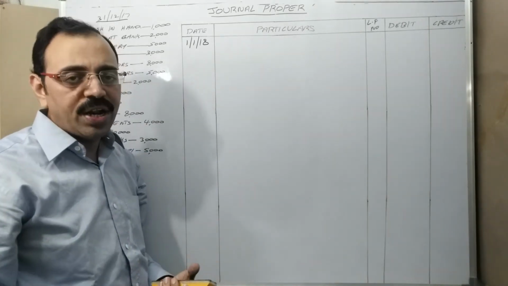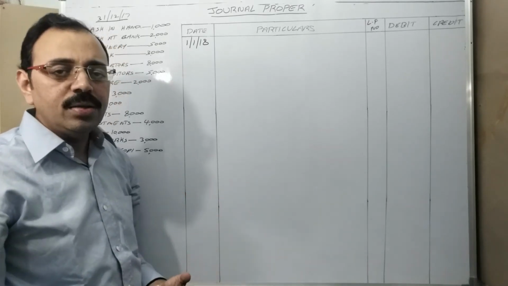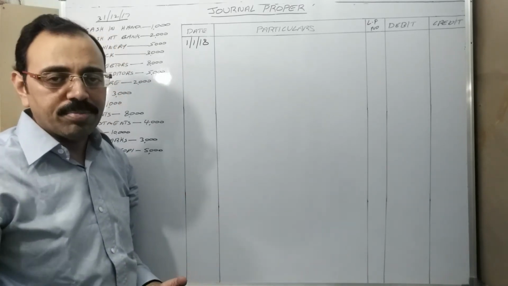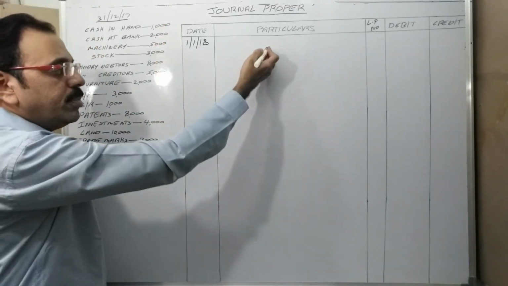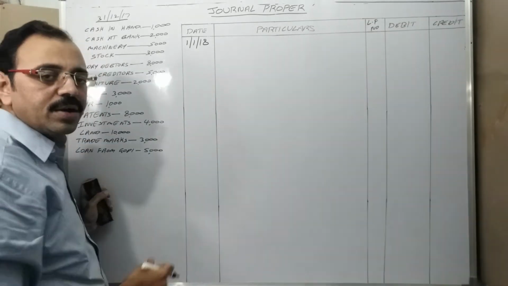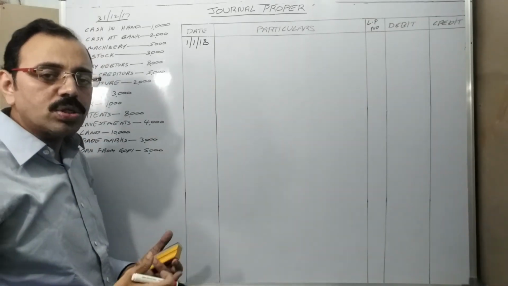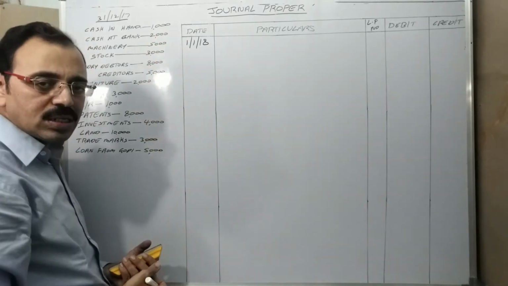You know how to write one entry. First, the debit account name we should write, then the credit account name. Then which accounts are to be debited? All assets we should show on the debit side, because an asset shows a debit balance. So we should pick up assets from this list.